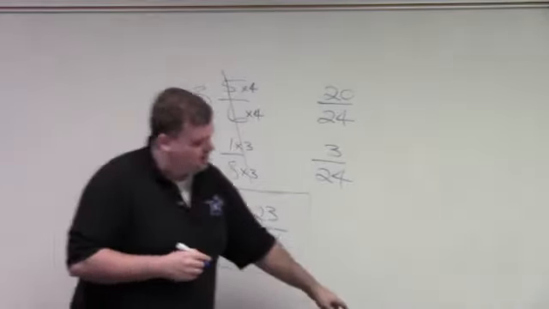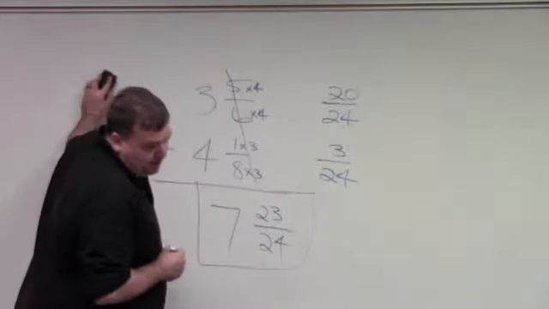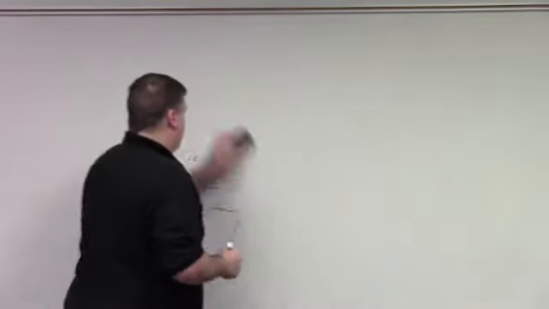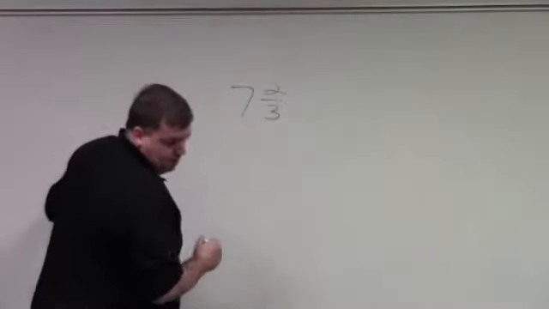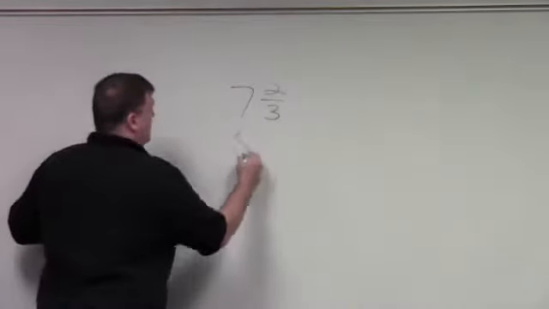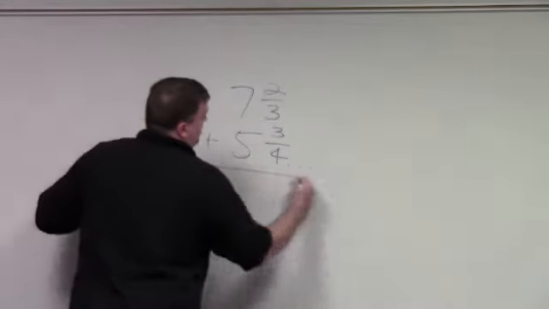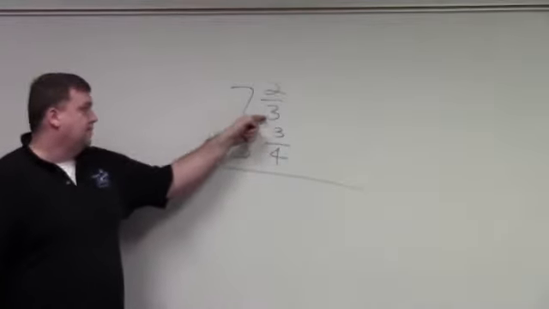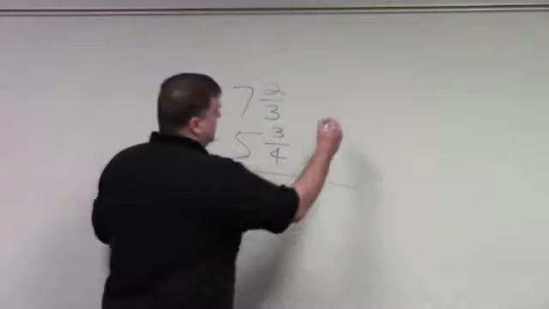All right. So let's try the next one, because it has a little bit of a twist at the end. Our denominators are different again, so we need to find a common denominator between 3 and 4. 12, correct.